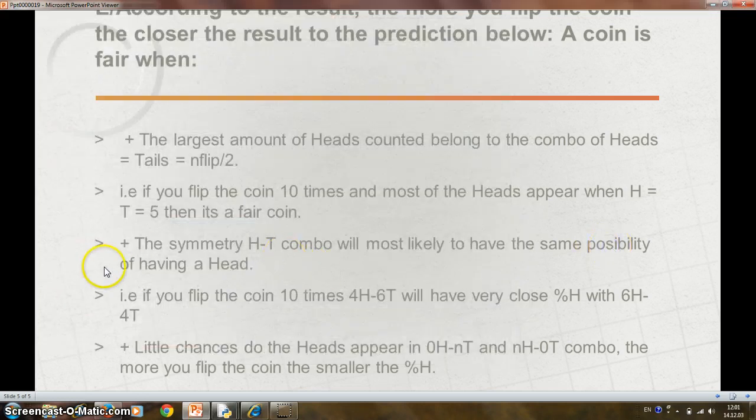And second, the symmetry of the heads and tails combo will most likely have the same probability of having a head. So for example, if you flip the coin 10 times, considering 4 heads and 6 tails, we have a very close probability of recording a head with 6 heads and 4 tails.